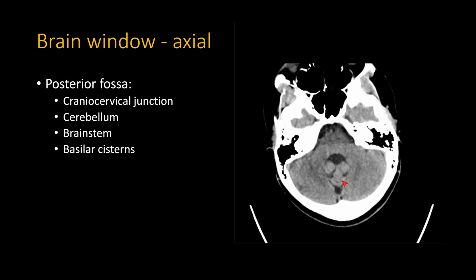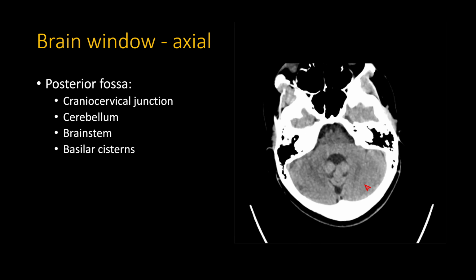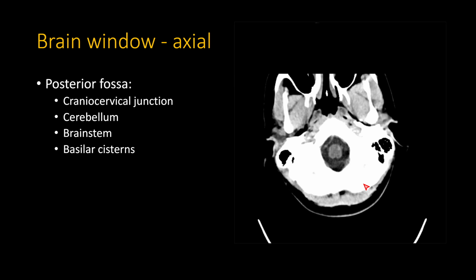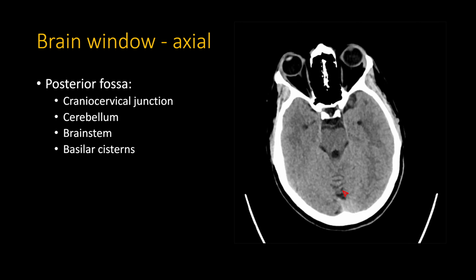If things that are supposed to be in the midline are shifted over, that's evidence of mass effect. The cerebellum also has gray-white junction differentiation, so make sure that is preserved. Cerebellar infarcts tend to be little wedge-shaped hypodensities, so keep your eye out for those and go one side at a time.